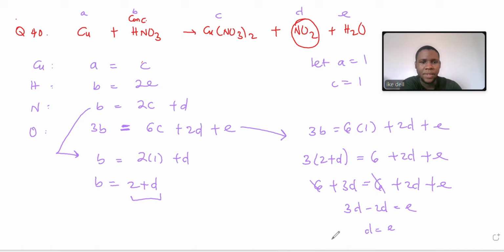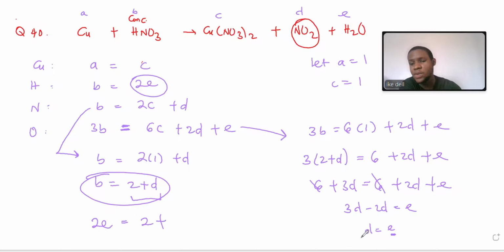Interesting. So B is equal to 2 plus D, and D is equal to E. But B is equal to 2E, so I can say that 2E is equal to 2 plus D, which is actually E. Once again, you can always solve this anyhow you want, just get your answer. So 2E minus E gives you E equals 2, and that means D is equal to 2 as well.